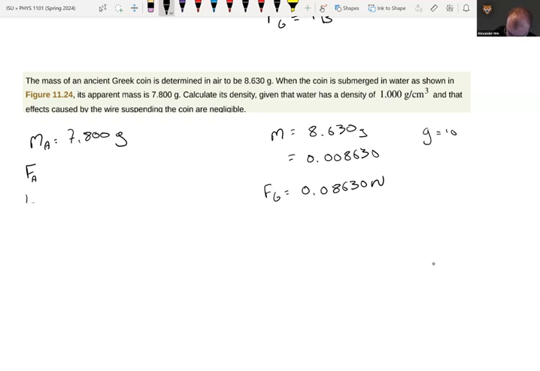I'm going to call that F apparent weight, and this one is 0.007800 kilograms, so your apparent weight is going to be 0.07800 newtons. Now, basically what this means is that your apparent weight is your F net.